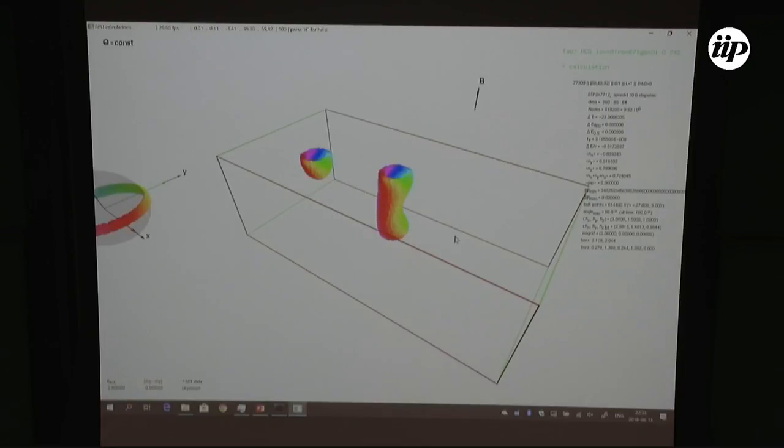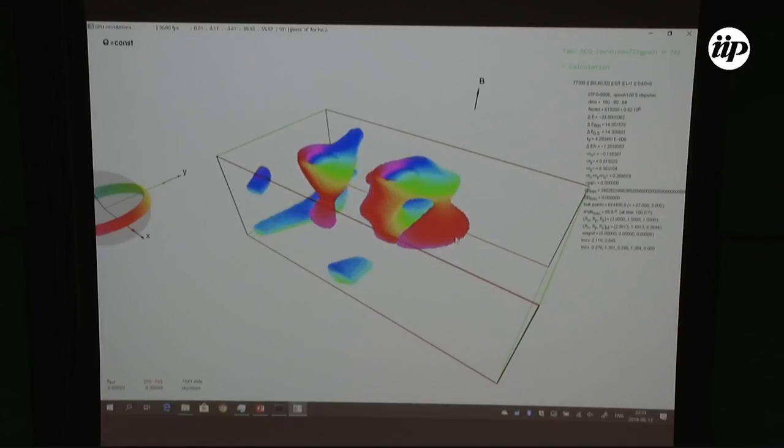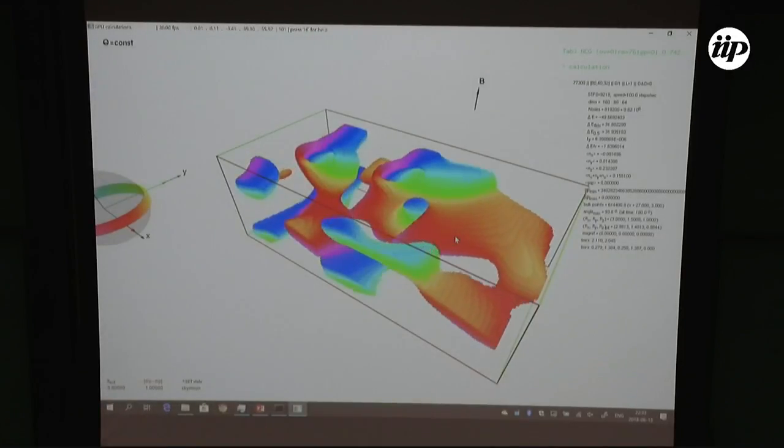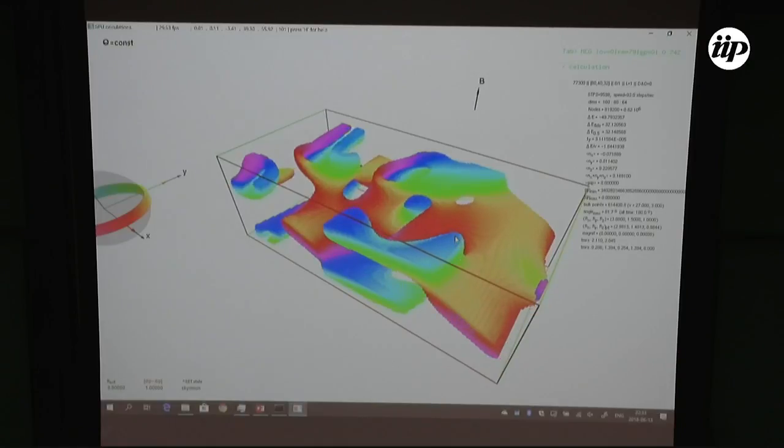So, okay, 10%, 20, 50, 70, 100%. So now the program minimizes the system with realistic dipole-dipole interactions. And what we can see here.